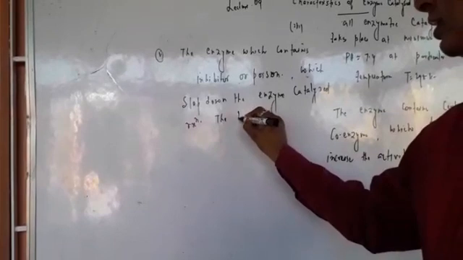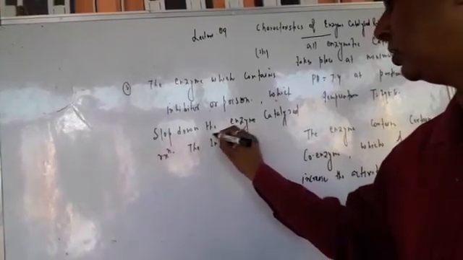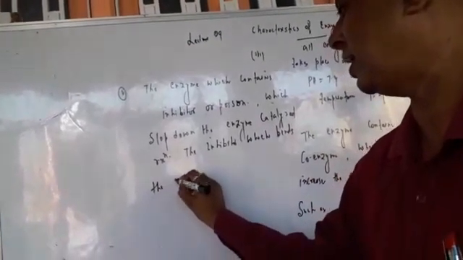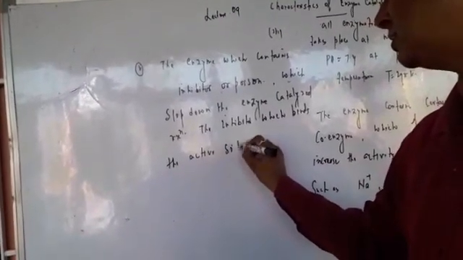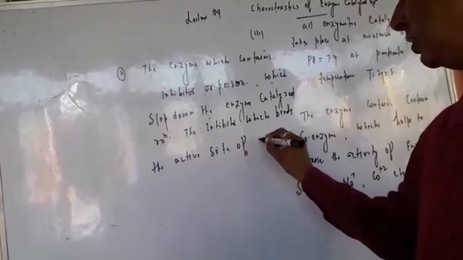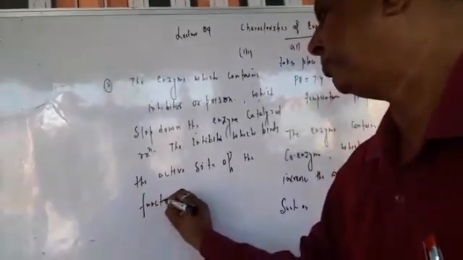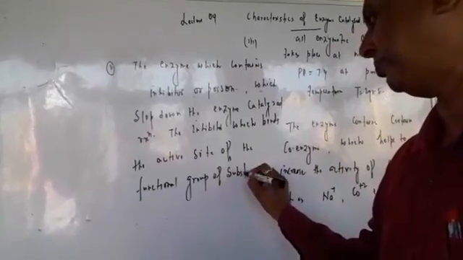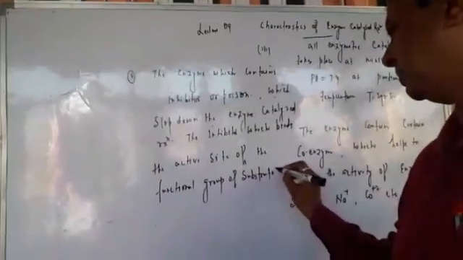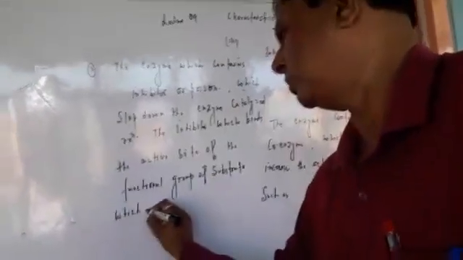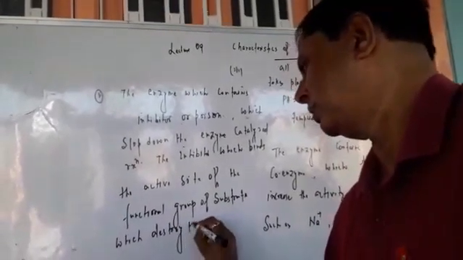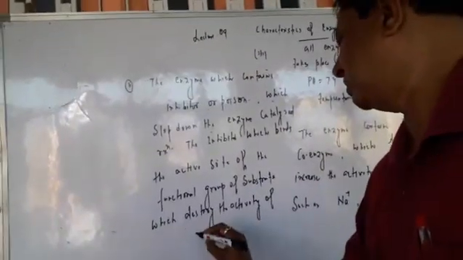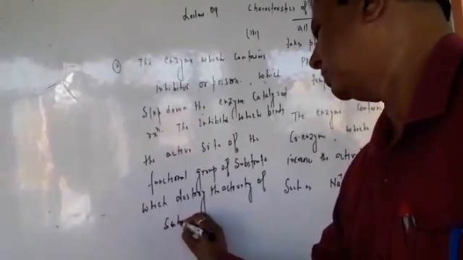The inhibitor binds the active site of the functional group of the substrate, that is the reactant, which destroys the activity of the substrate.